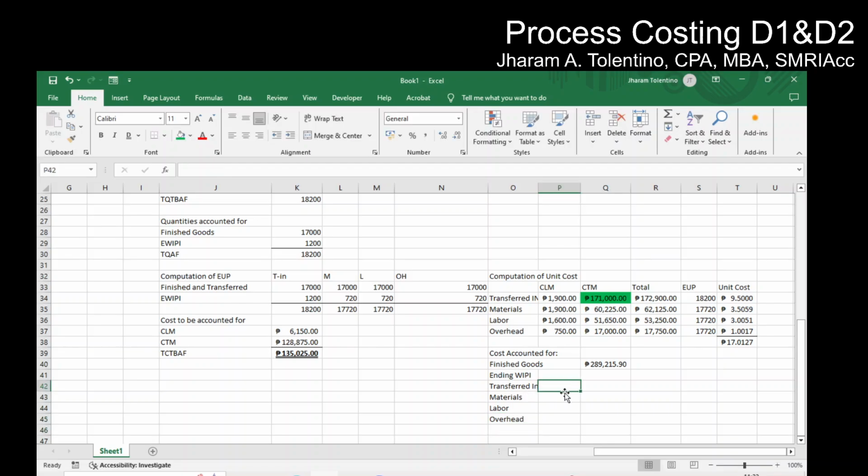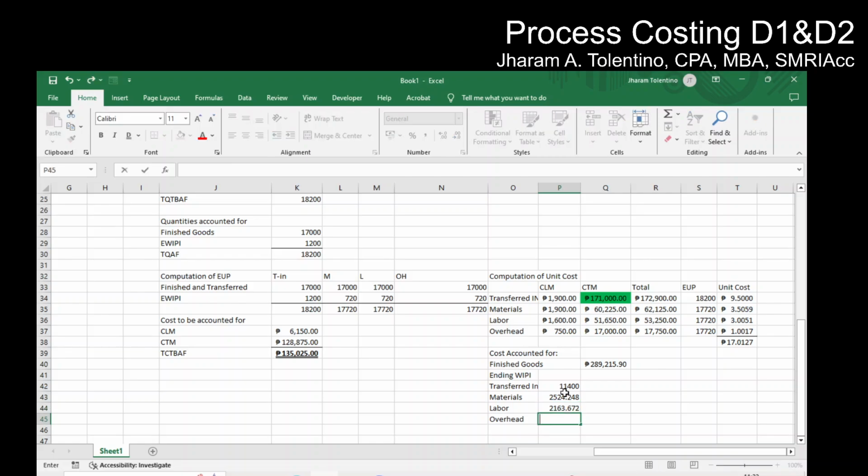Your transferred in is 1,200 times 9.5. Oh, it's just a coincidence that they're both 9.5. Just a coincidence. Then, 720 times 3.1505 9. Then we have 720 times 3.0051.